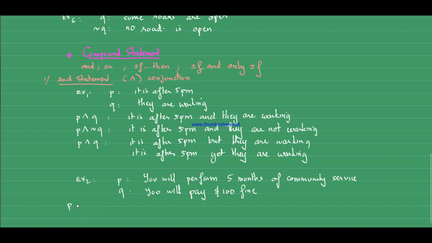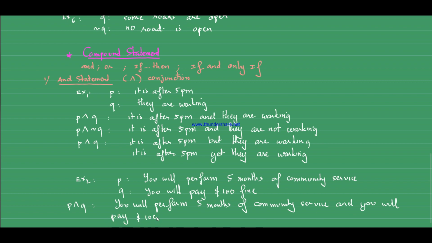So P intersect Q. You can understand it like this: you will perform 5 months of community service, and you will pay a $100 fine. There you go.